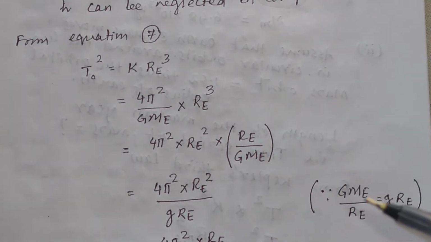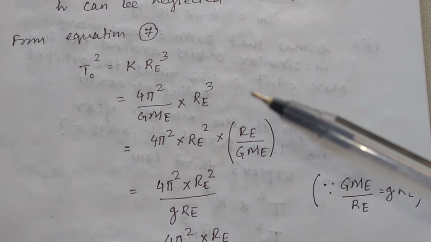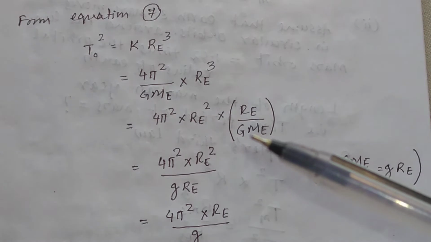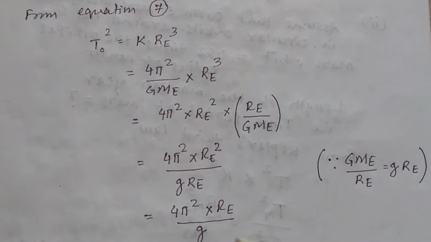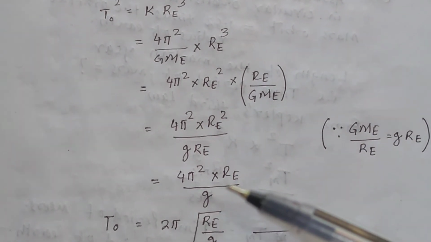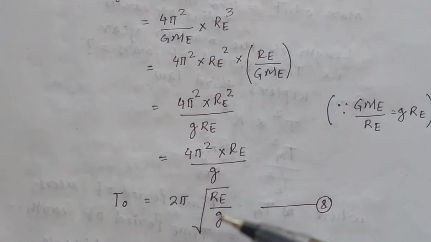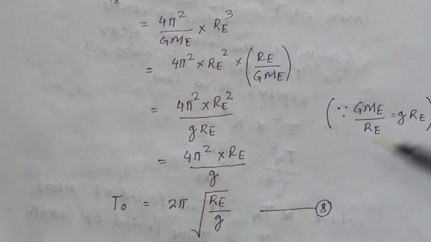Because we have taken GME divided by RE equal to g into RE, if you substitute this, then T0 square will be equal to 4 pi square into RE divided by g. So T0 will be equal to twice pi into the square root of RE divided by g.